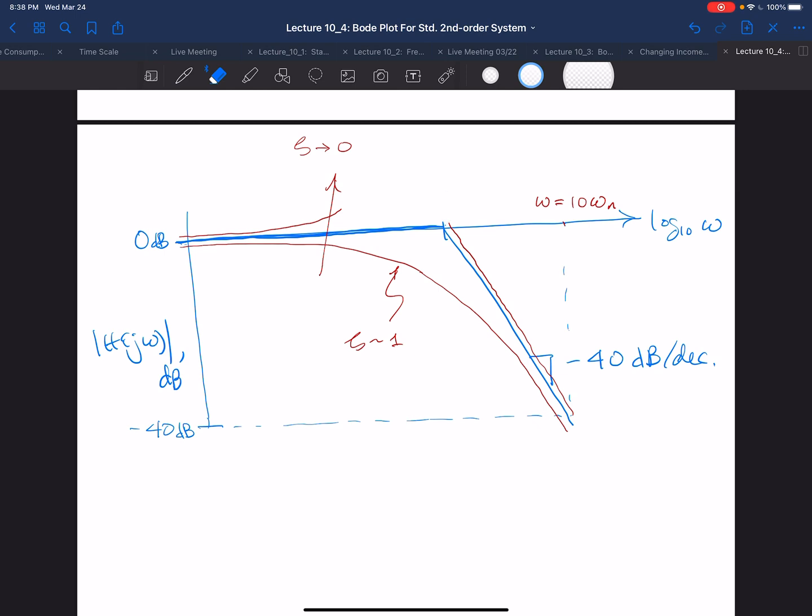So this peak represents physically a resonance phenomenon. In our mass spring damper, for instance, obviously if the damping is light enough, the system will be very resonant. It will tend to resonate at a frequency close to its natural frequency, but altered a little bit owing to the damping ratio. In particular, we have the following.